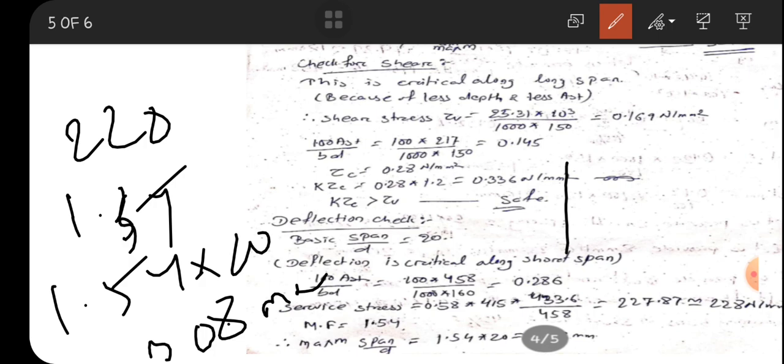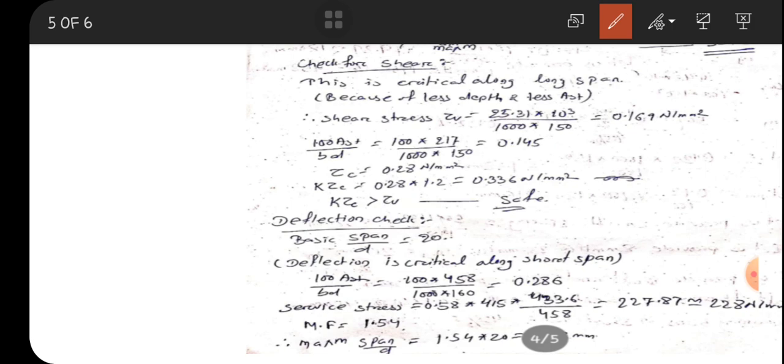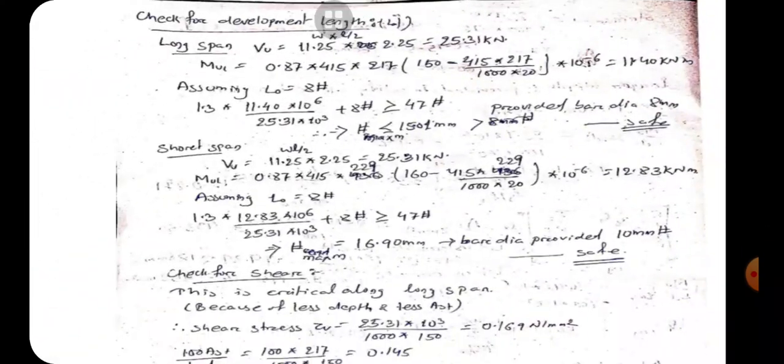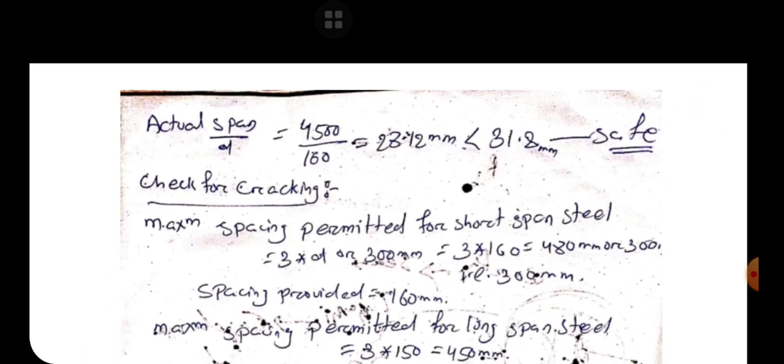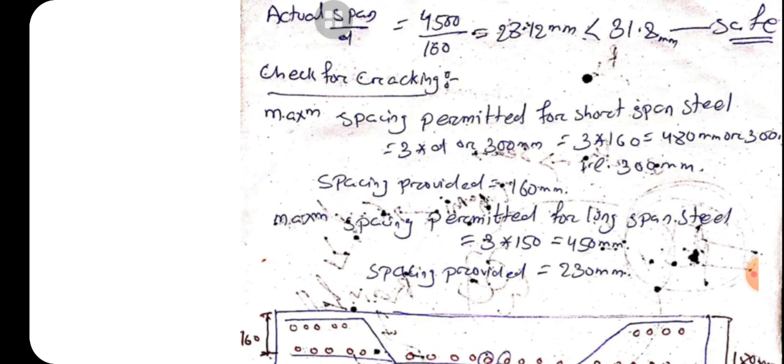Then we will calculate actual span by d ratio, that is the length along short span, that is 4.5 meter divided by depth 160 mm, coming out 21.12, but maximum we can permit up to 30.8, that is up to 31, and we are safe in deflection.